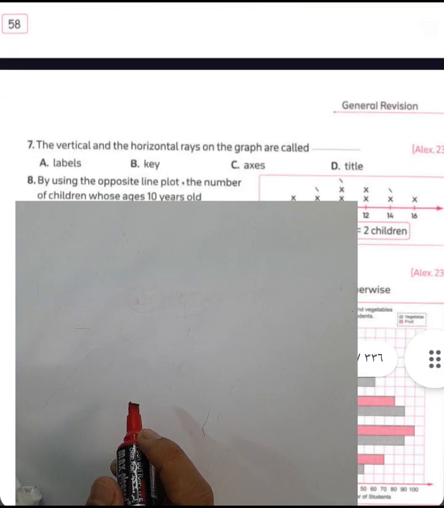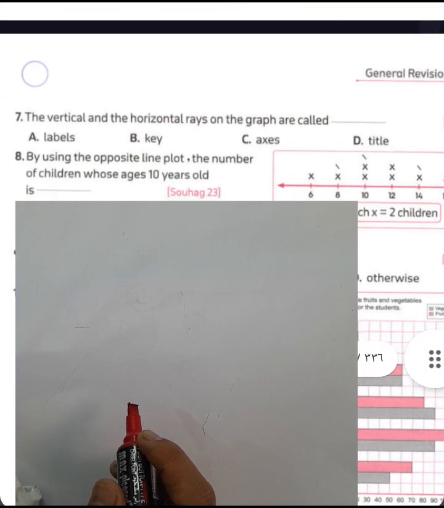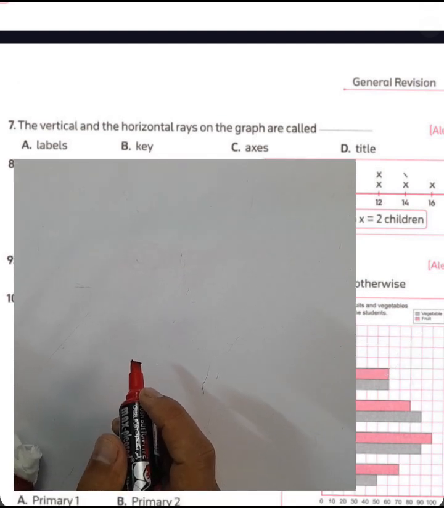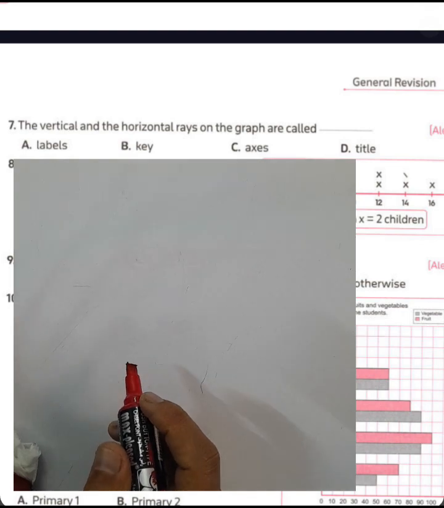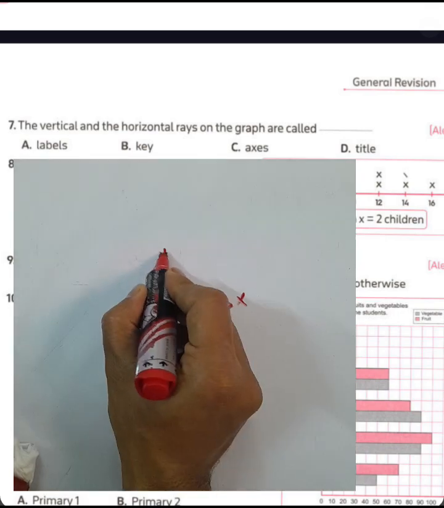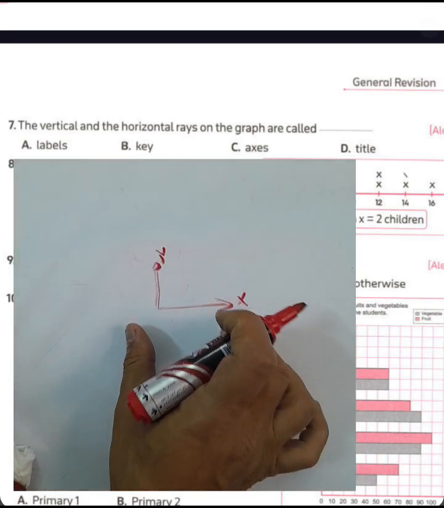Choose letter D. Question 7. The vertical and horizontal lines of the graph are called what? We have the axes, x-axis and y-axis. We call them horizontal and vertical. Choose letter C.